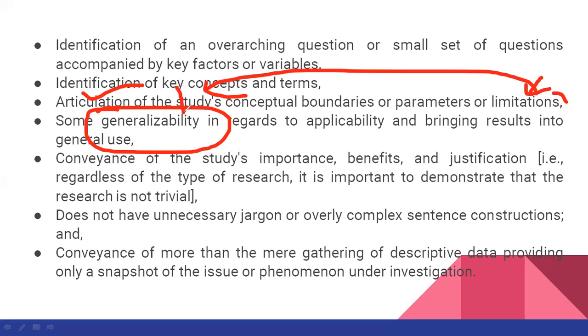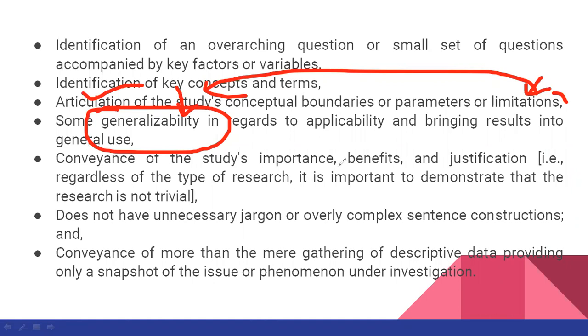Next, you should try to make it generalizable in its applications. You have seen deductive research and inductive research that I explained in one of my lectures. Then you know the difference between these two terms, generalization and specialization.